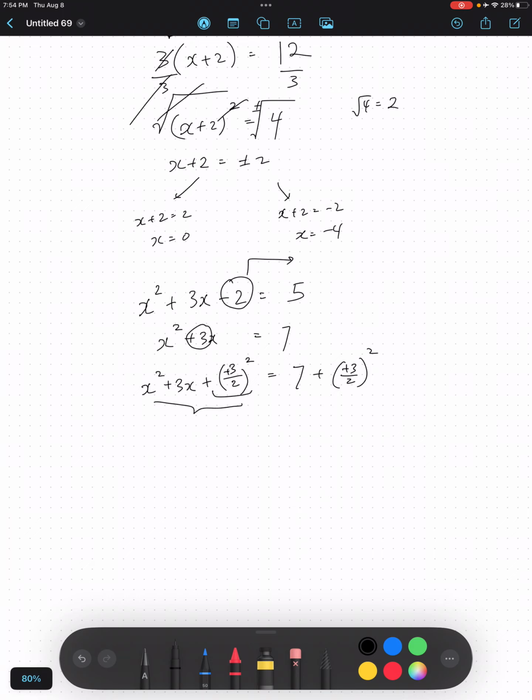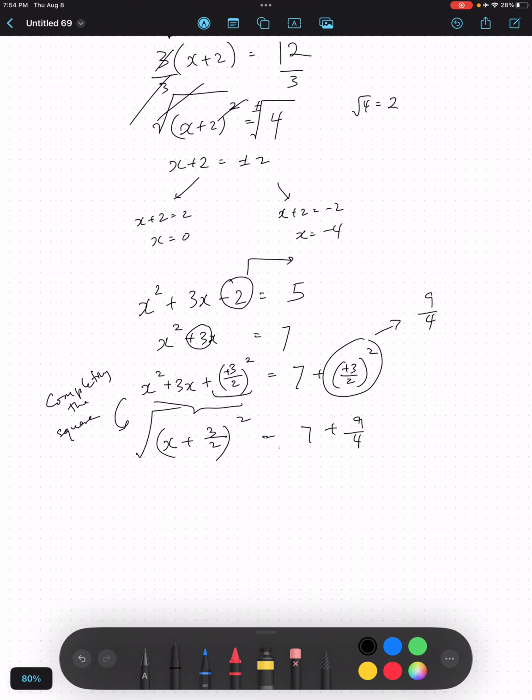This simplifies and factorizes into x plus 3 over 2 squared, because this is completing the square. Okay, and now on the other side this number becomes 9 over 4. So we have 7 plus 9 over 4.